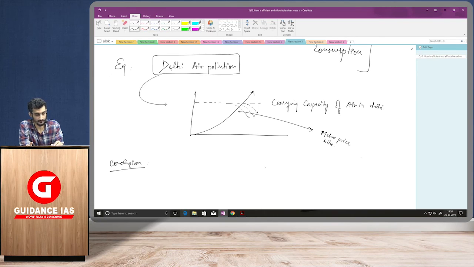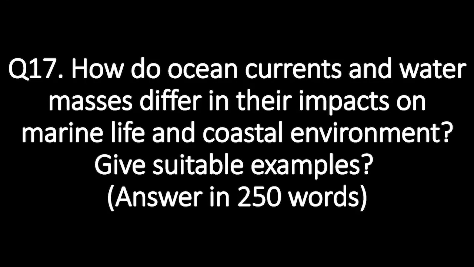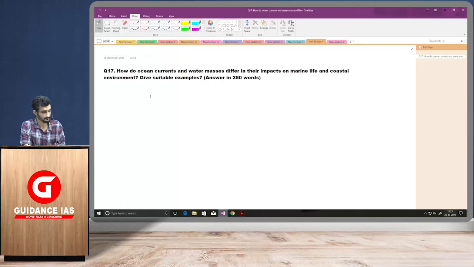Now moving on to the last question we have. So this is the last question. How do ocean currents and water masses differ in their impact on marine life and coastal environment? Give suitable examples. So it is specifically asking to give suitable examples.